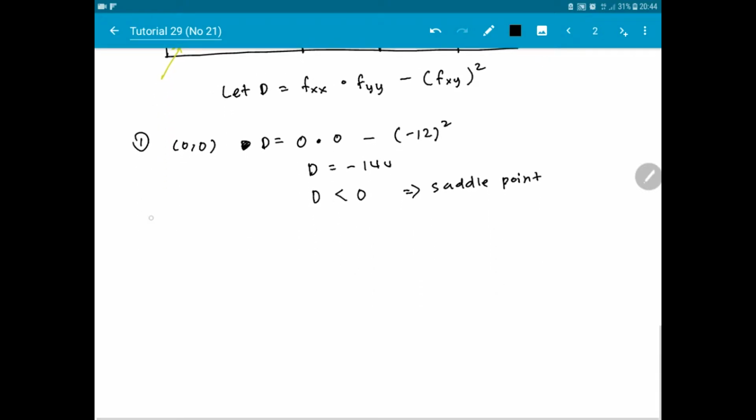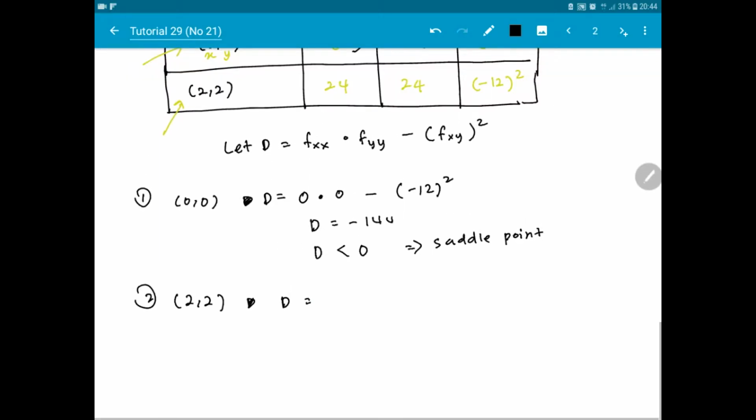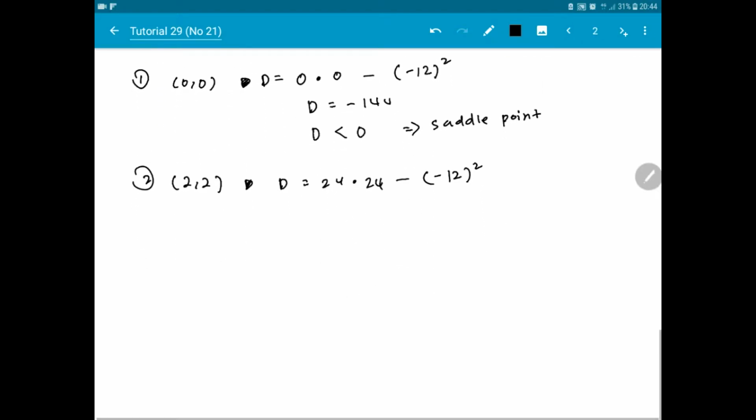For the second point, which is (2, 2), D equals 24 times 24 minus negative 12 squared. We will get 576 minus 144 equals 432.